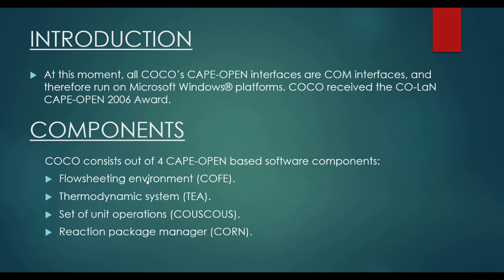So the first one is the flow sheeting environment, which is the main one, which is then linked with the other 3 submodels. So this is the main environment, and you will start working on this flow sheeting environment, and then you will import the thermodynamic packages like Peng-Robinson, Wilson, and UNIFAC, and other thermodynamic packages you can import in this environment.